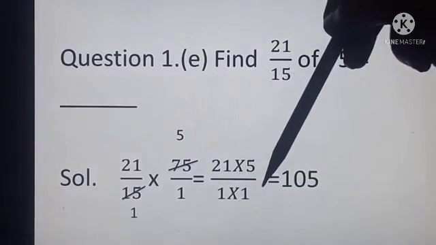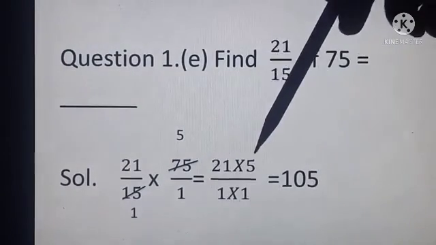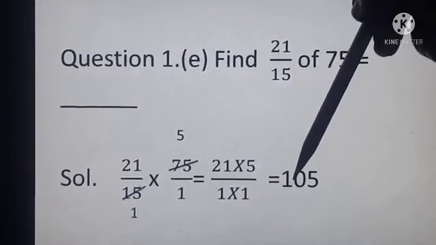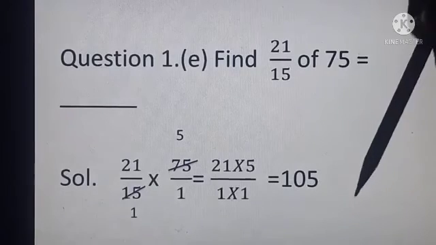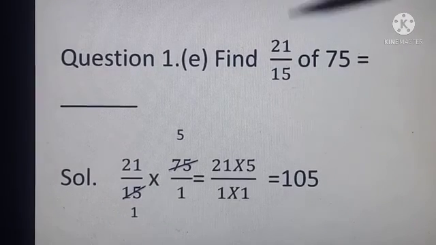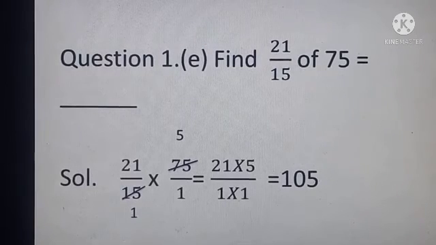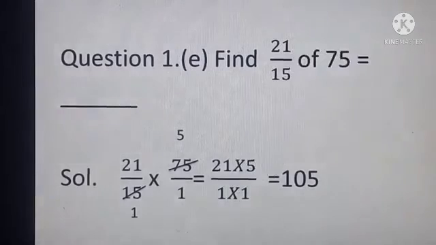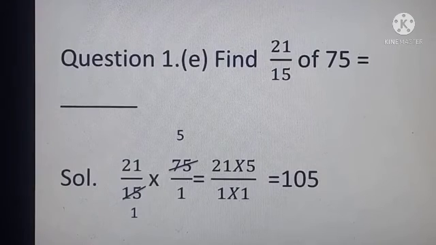Now it is left 21 into 5 upon 1 into 1. 21 fives are 105. If you are writing here 105 upon 1, then is equal to 105. That is also correct. And if you are writing here directly 105, that is also correct. Because you know that 1 into 1 will give you the denominator 1 only. Right? So our answer is 105.